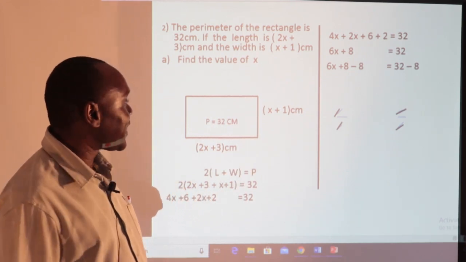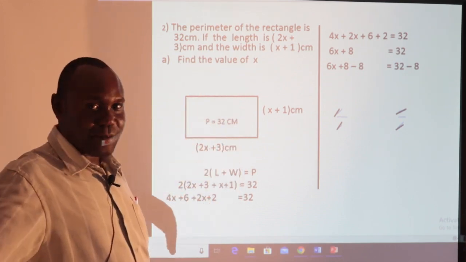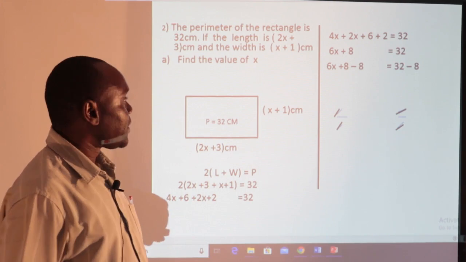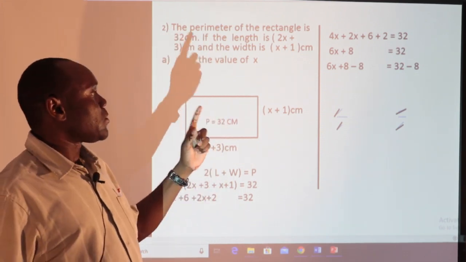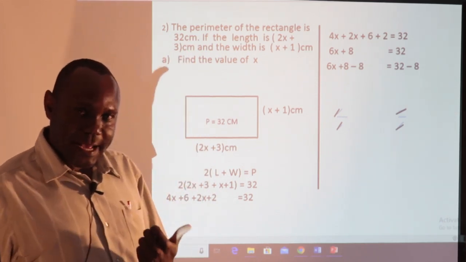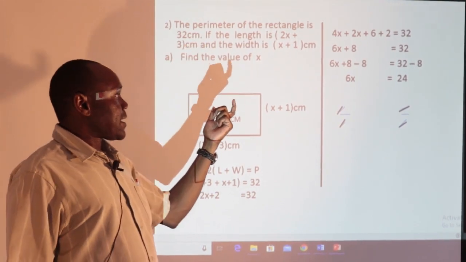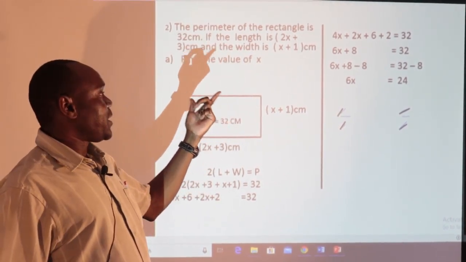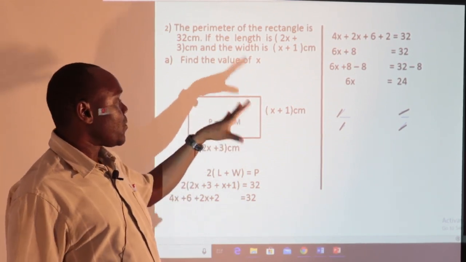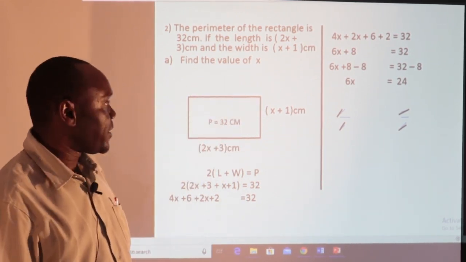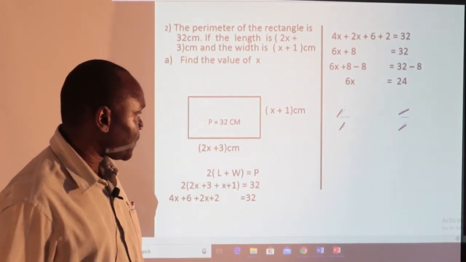When you subtract from one side, the other side must also be subtracted. That's why we are saying 6x plus 8 minus 8 equals 32 minus 8. When you subtract 8 minus 8, you get 0, but we don't write 0 there. Simply we are left with 6x on this side, which equals 32 minus 8 gives us 24.